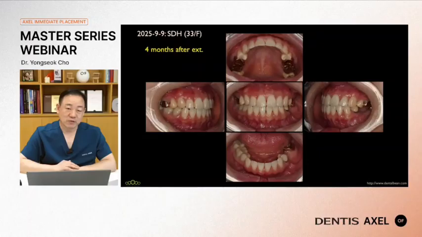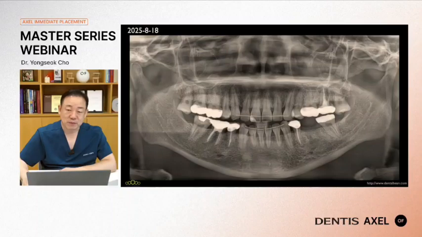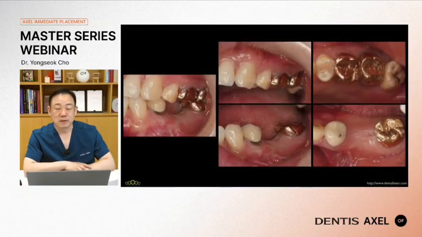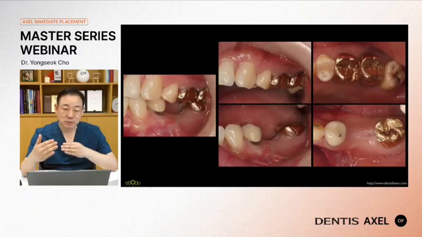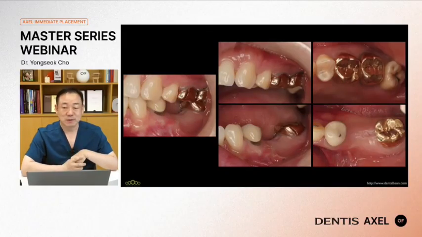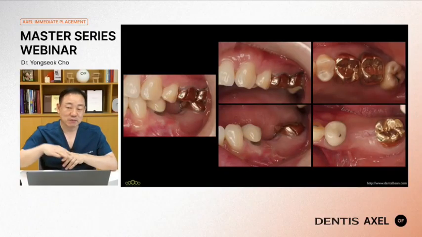I waited for healing 4 months, okay, and look at the panoramic image, not bad. We can see relatively well healed hard tissue also. And in intraoral view, the ridge slightly reduced in width about 3 millimeter and height about 1 millimeter.